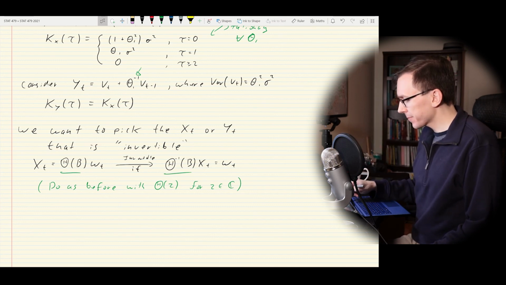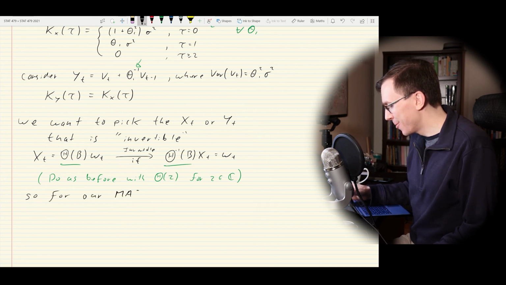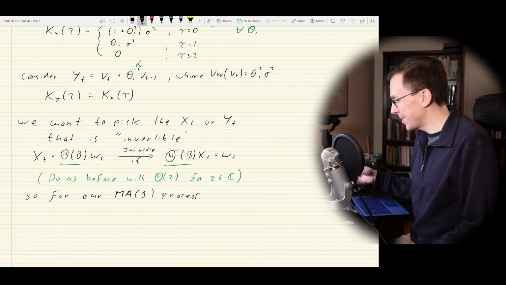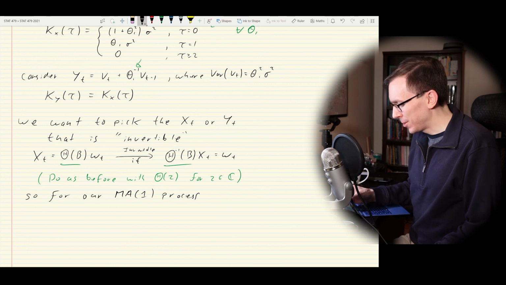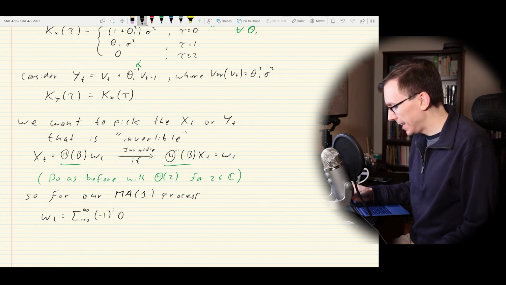So for our MA1 process, what we have is two different ways we can write it. We can write W_t, for X, as the sum, i from 0 to infinity, of (-1)^i theta_1^i X_{t-i}.